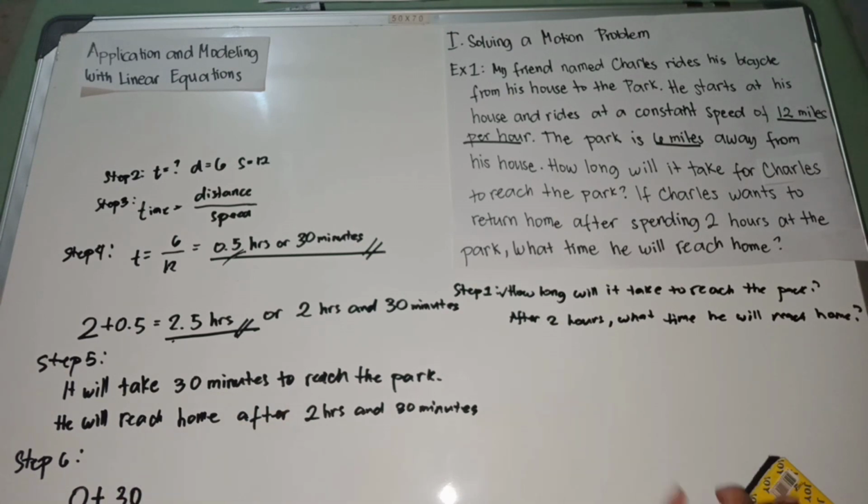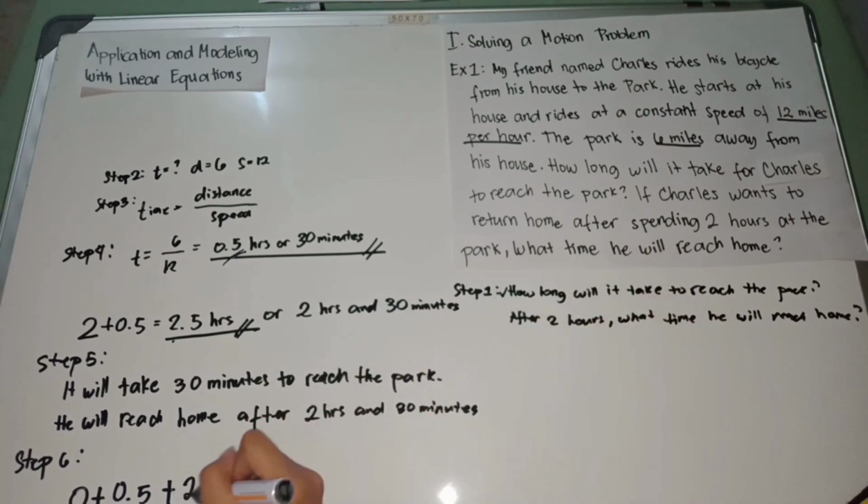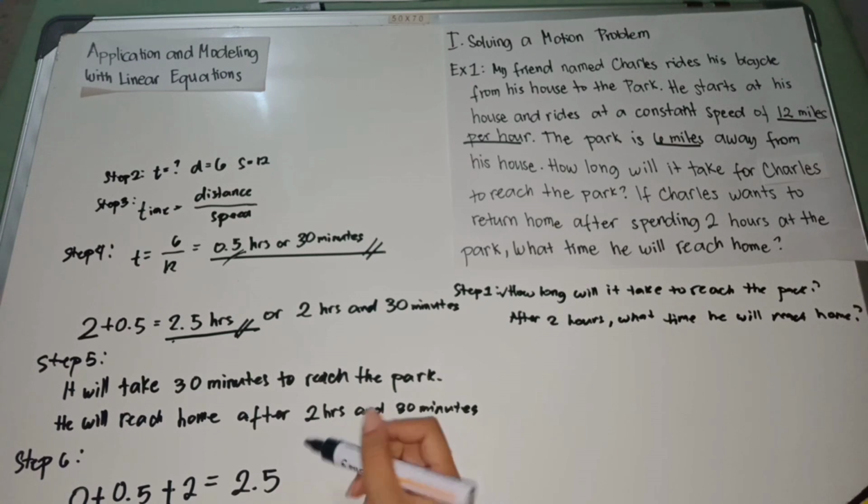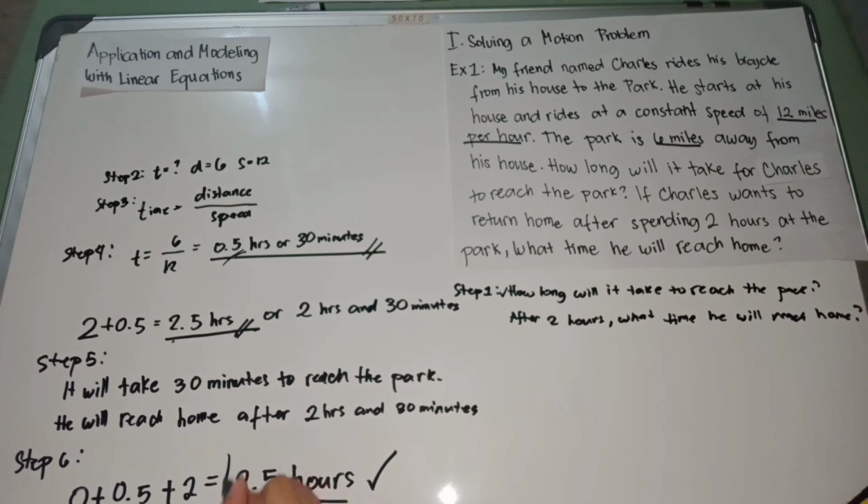So let's use 0.5 plus the time that he spent at the park, 2 hours, we have 2.5 hours. That's it.